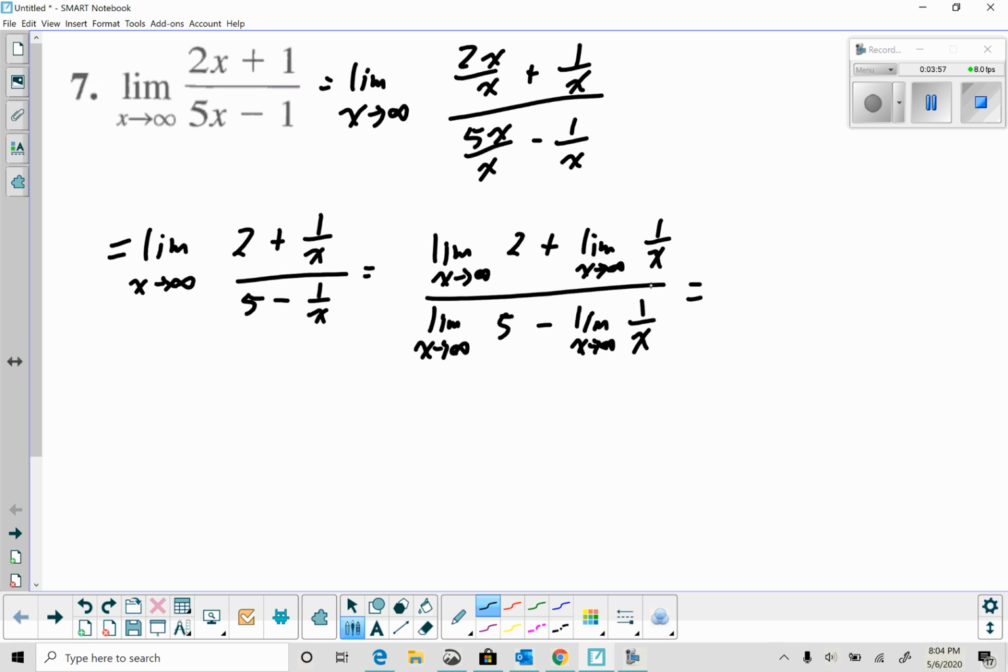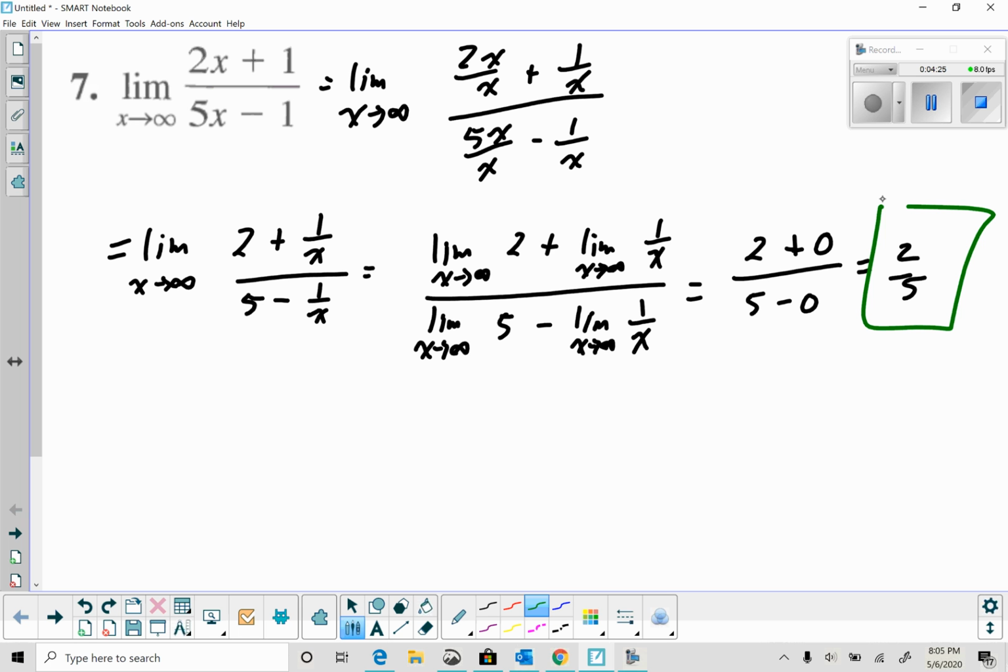Okay, take these individually. The limit as x approaches anything of a constant is going to be that constant. Again, here's our key substitution: the limit as x approaches infinity of 1 over x is 0. This is going to be a constant of 5. That's 0. So the limit as x approaches infinity of 2x plus 1 over 5x minus 1 is 2/5.